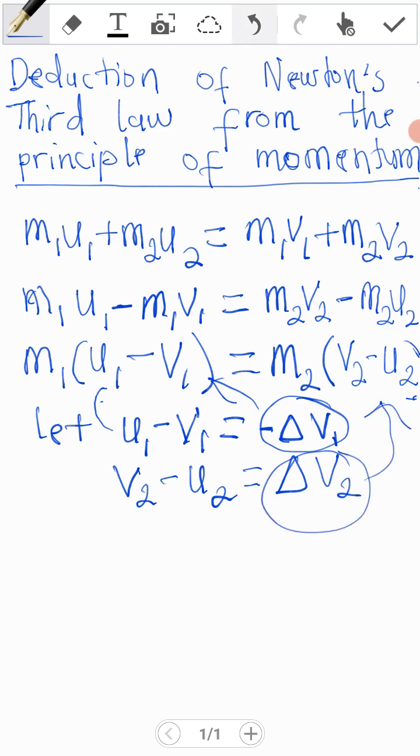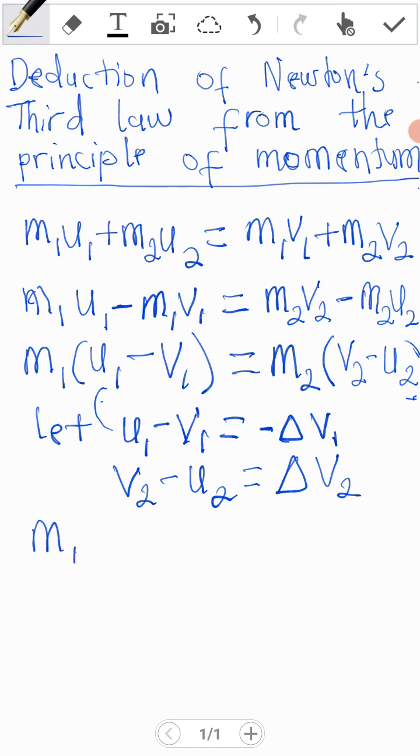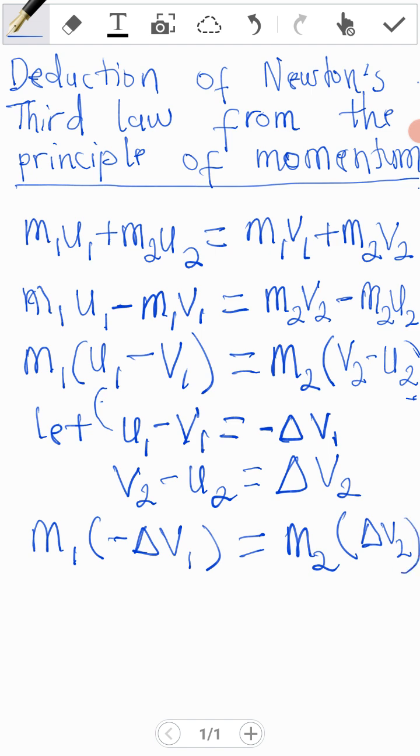So we can then say m1, open brackets, negative change in v1, and this will be equal to m2, and in brackets we substitute v2 minus u2, which is change in velocity 2. Now we have a complete equation.